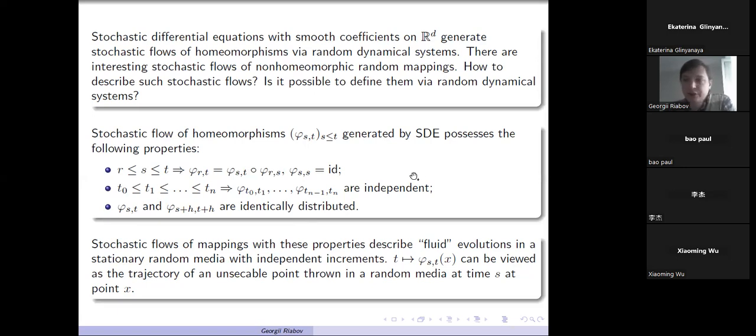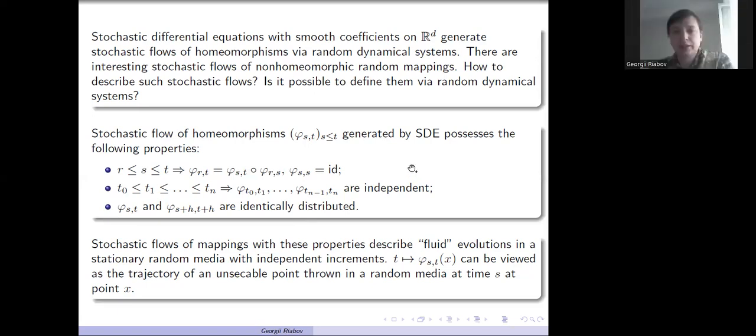The main features of stochastic flows generated by stochastic differential equations were the following. So phi_st was a flow of random homeomorphisms. By flow, we mean a collection of mappings that are connected by the evolutionary property.